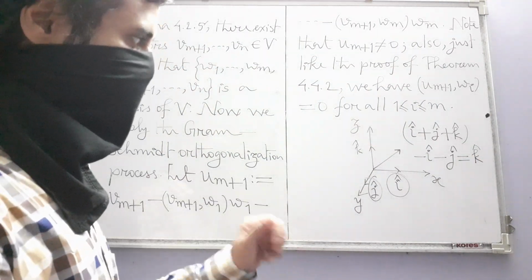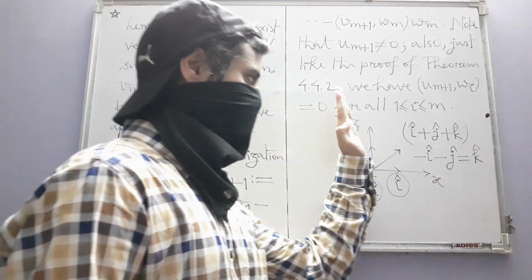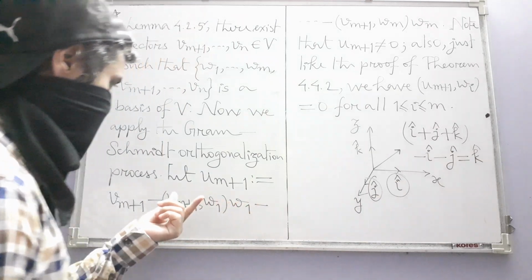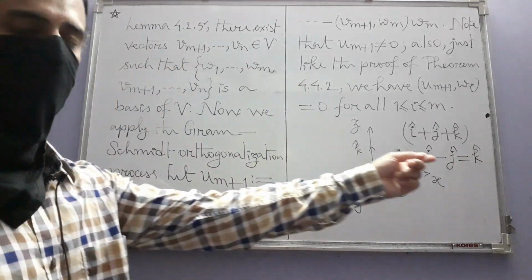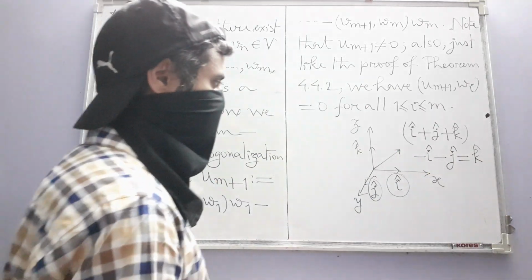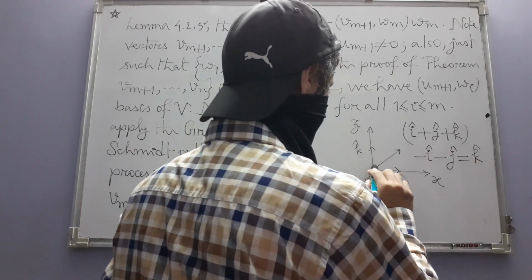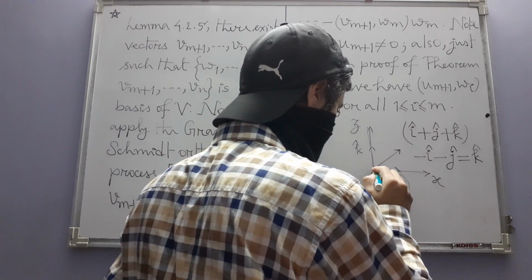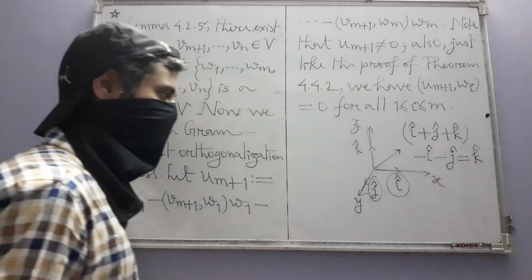And once you have that, whatever you are seeing here is this Um plus 1 in place of k cap. So you can see that this k cap is perpendicular to both i cap and j cap, orthogonal to both.